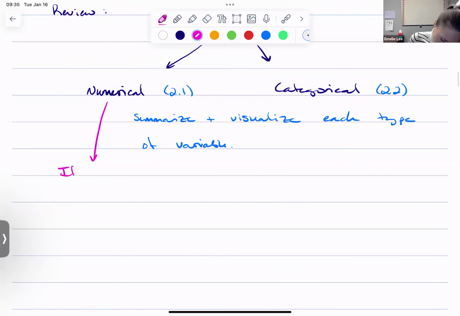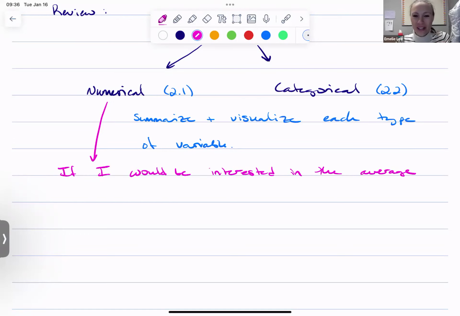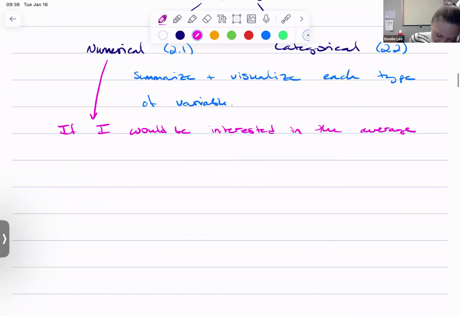So if I would be interested in the average, which today we're going to start to call the mean. So the average, which is the mean. So in statistics, we usually use the term mean.